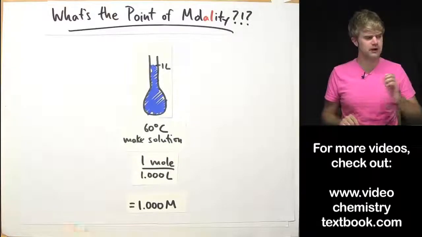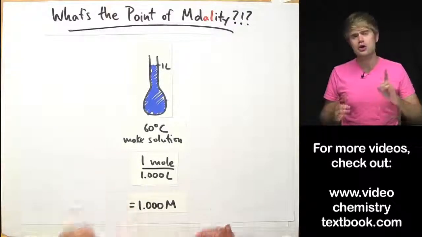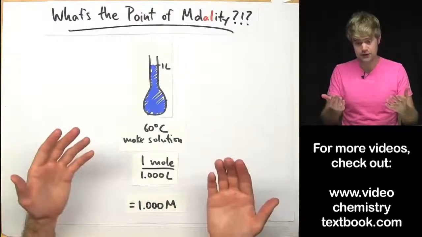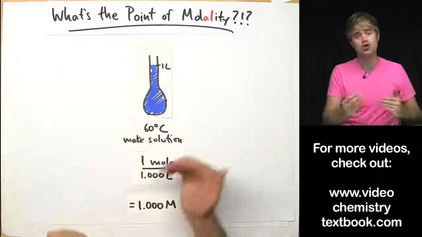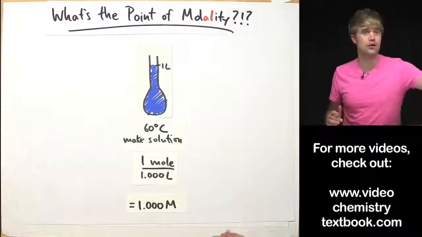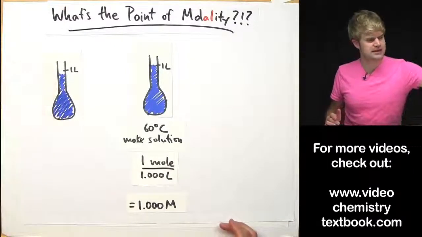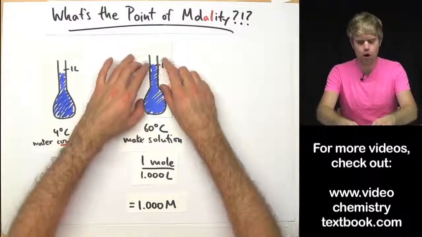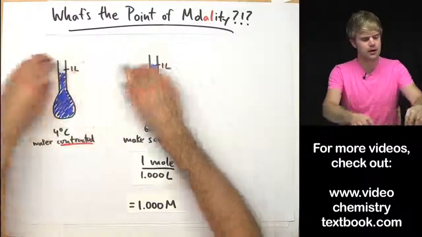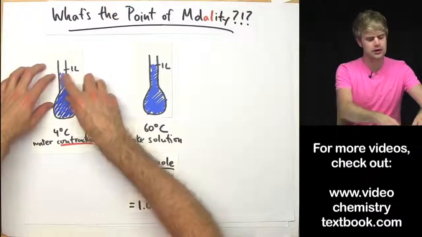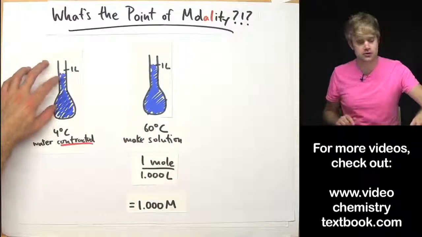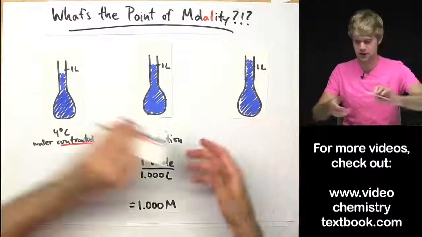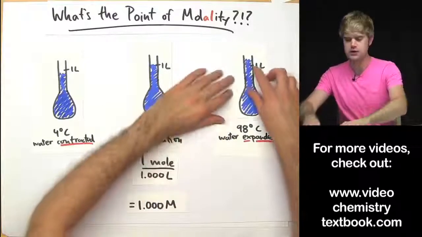Okay. Now, here's the thing. You may not know this, but water and a variety of solvents can expand or contract depending on the temperature or the pressure. So if we cool things down to, say, 4 degrees Celsius, check this out. The water that used to reach the 1 liter mark here has now contracted so that I have less than 1 liter of solution. On the other hand, at temperatures above 60 degrees, the water will expand.